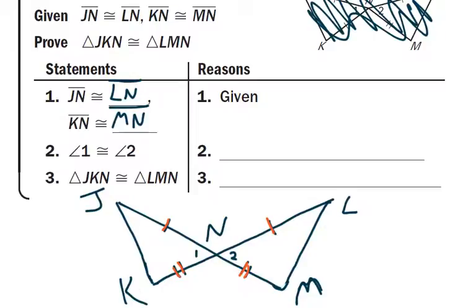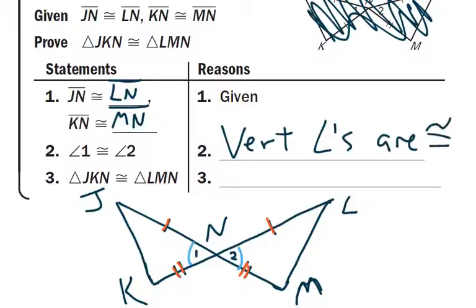So if we can show the angles between those sides are congruent, then we can use side angle side as our shortcut here. And sure enough, we've got angle 1 congruent to angle 2, and the reason for that is the vertical angles congruence theorem. Or usually we just write vertical angles are congruent.